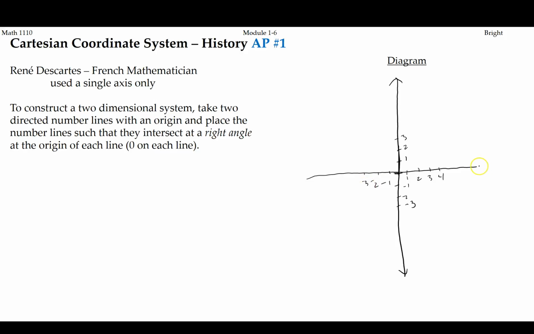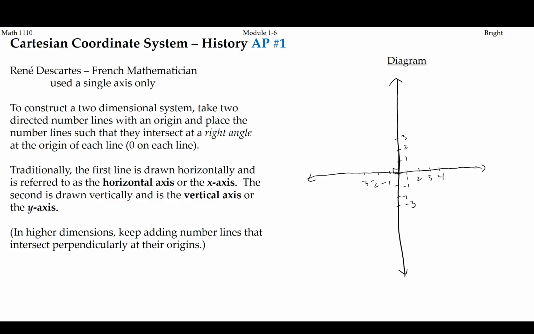And you do need the arrows to indicate that the lines are never ending, okay? And so right at their point of intersection, that would be a right angle, and we haven't defined a right angle yet, but it would be that angle that has a measure of 90 degrees.